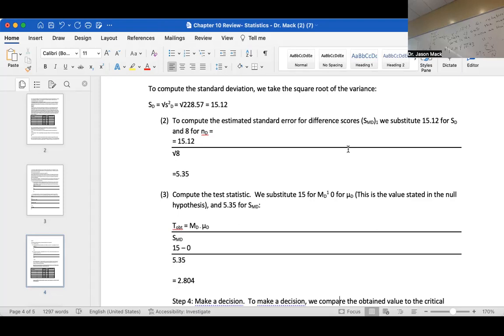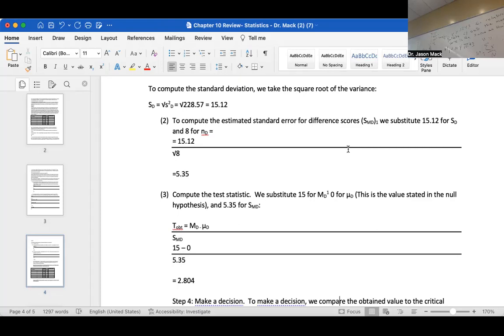And then the sum of the squares ends up being 29.25. And then 95 squared divided by 8, and I got 1796.88. And then we do 1796.88 divided by 7, and I got 256.70.